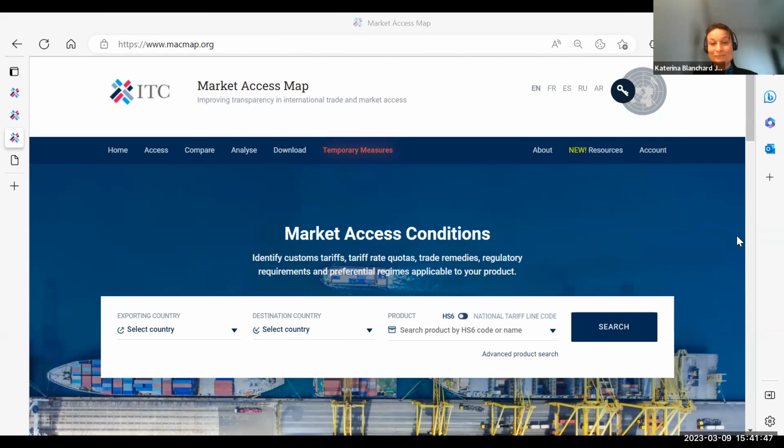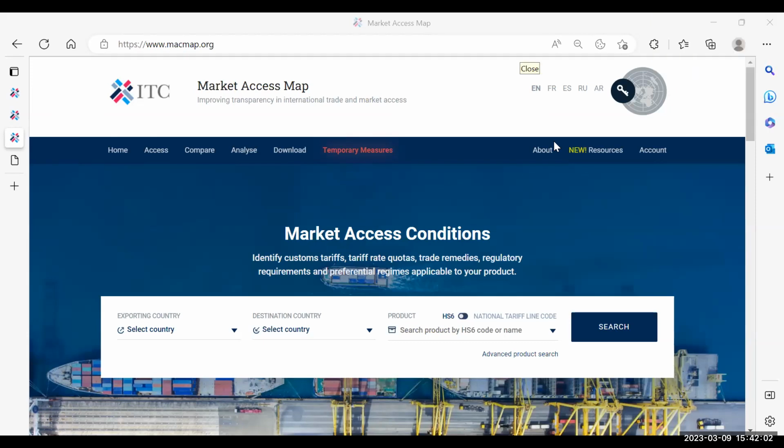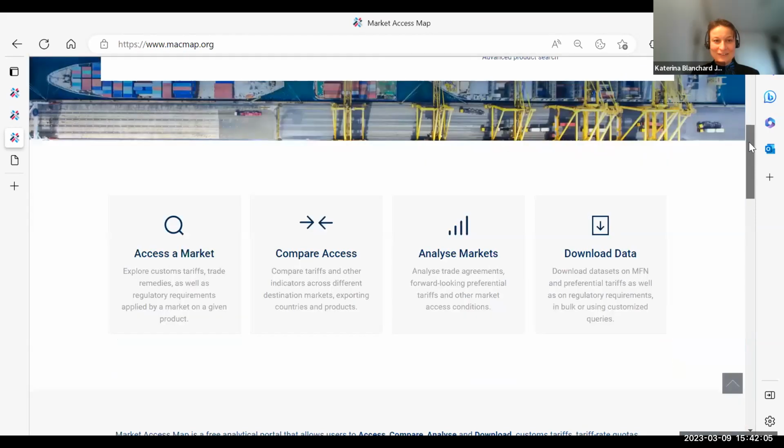This is the TradeMap one. We need to do the market access one. Choose a different one. Yeah, I'm trying to, but I'm not able to launch it for some reason. Really? Well, it's bugging.